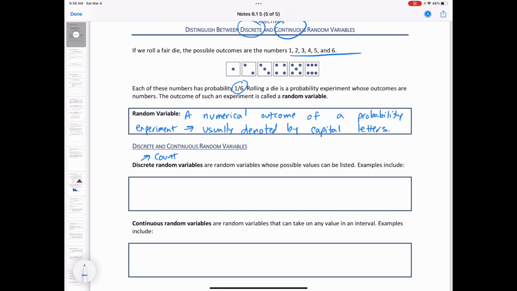Examples include the numbers that come up when you roll the die, like what we've talked about in class, the number of siblings that you have. Something that I could list or I could count.